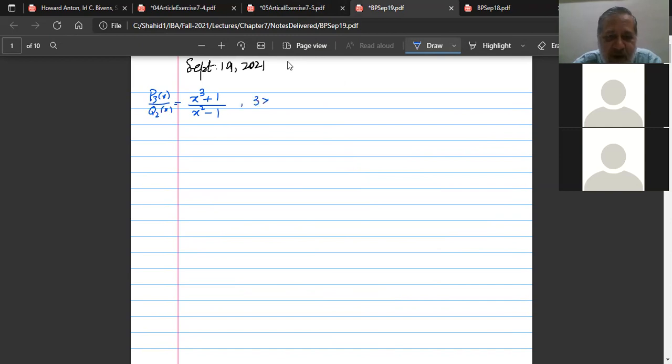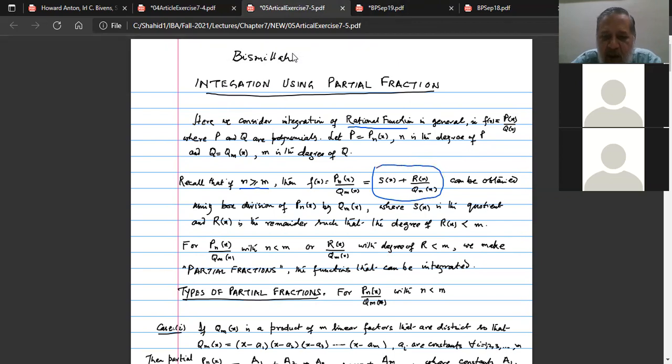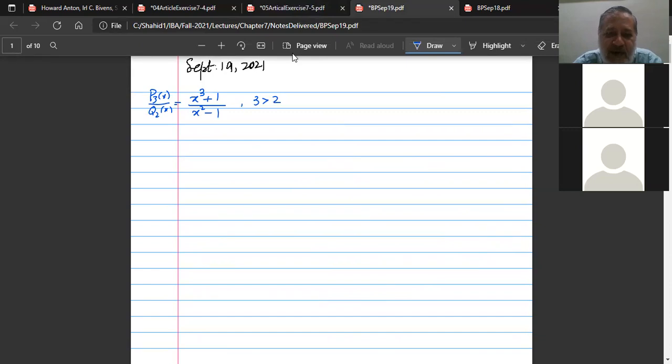As 3 is greater than 2, I have to convert this into this form, where I will perform box division to obtain this function, and the remainder which has a degree less than m. That is, the degree is less than that of the denominator. So what I have said, we will go for box division whenever the numerator degree is greater than or equal to the denominator degree.